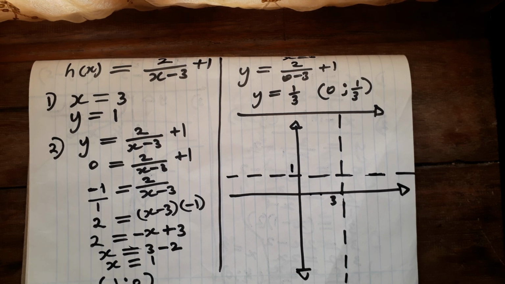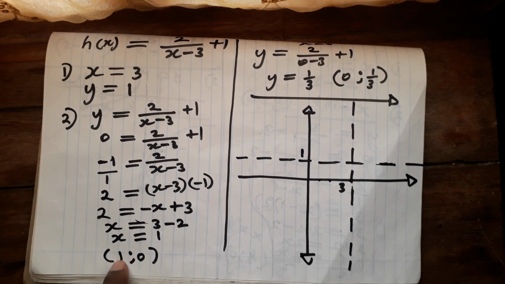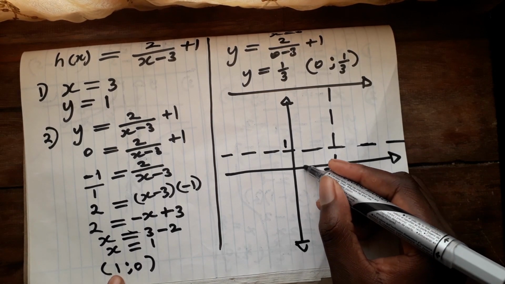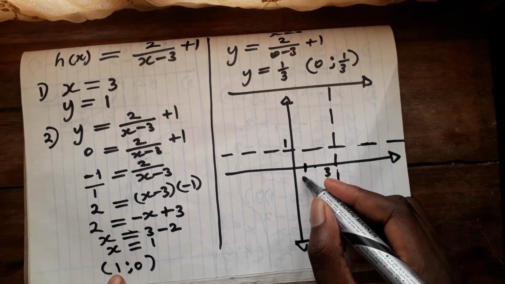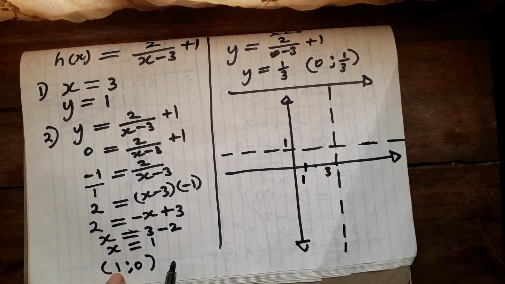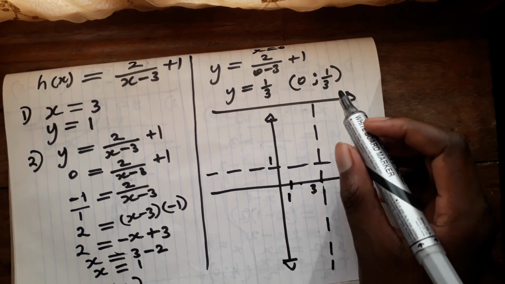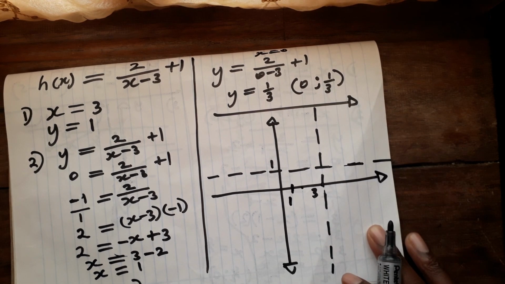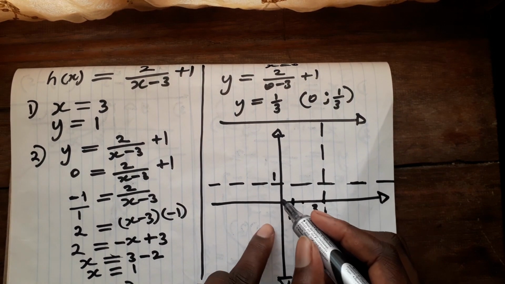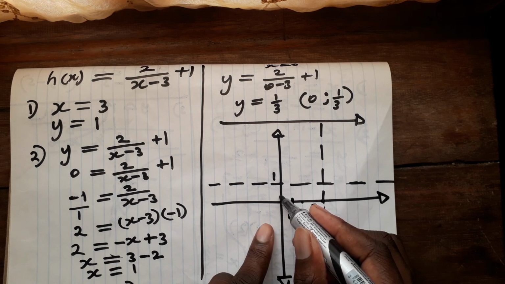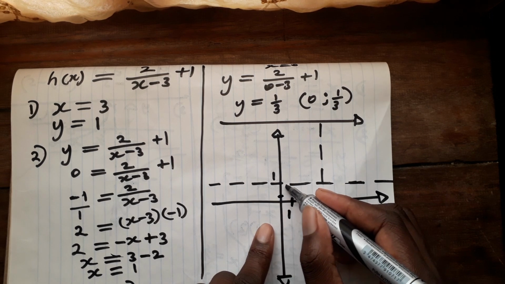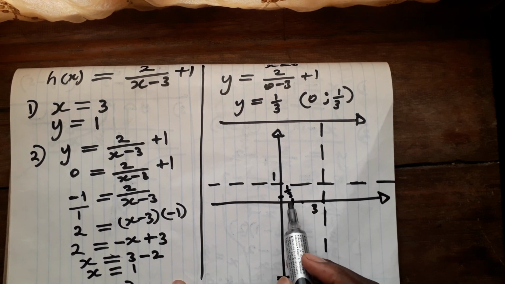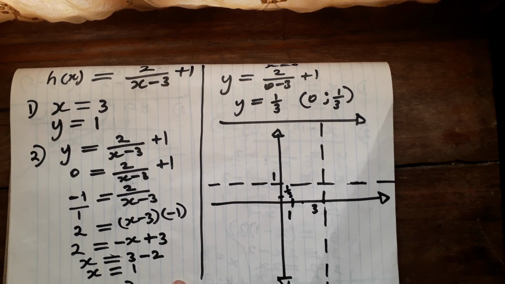X-intercept is 1. Then it means that our graph is going to cut somewhere there at 1. And then what is the y-intercept? It's 1/3, which is 0,333. 0,333 is going to be somewhere there. This is 1/3. So it means that our graph is going to cut here and there.